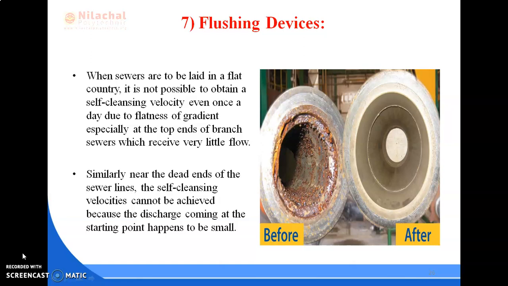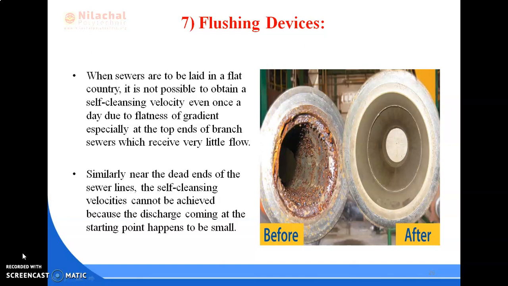When sewers are to be laid in a flat country, it is not possible to obtain a self-cleansing velocity even once a day due to flatness of gradient, especially at the top ends of branch sewers which receive very little flow.